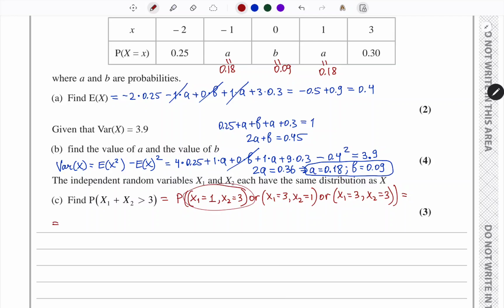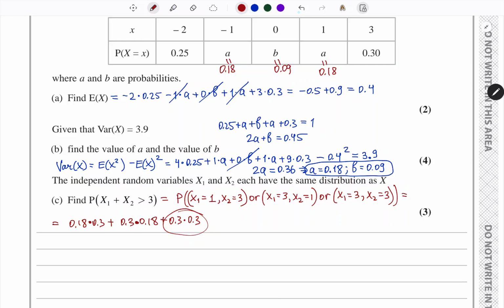It's equal to, what is the probability for x1 to be 1? Here it is, it's 0.18. And at the same time, x2 must be equal to 3, which happens with the probability of 0.3. Or, meaning plus, x1 is equal to 3, 0.3, times x2 is equal to 1, 0.18. It's a multiplication between them because these two events happen simultaneously, plus x1 equals 3, 0.3, and x2 is equal to 3 with the same probability of 0.3.